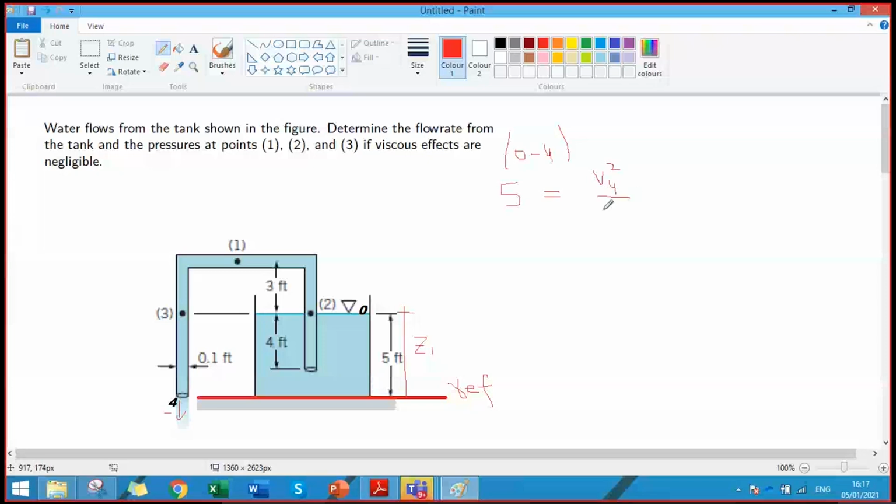So we can just calculate V4 equal to under root of 10 times gravity. Clear? So under root 10 into 32.2, which is 17.95 or 17.94 feet per second.